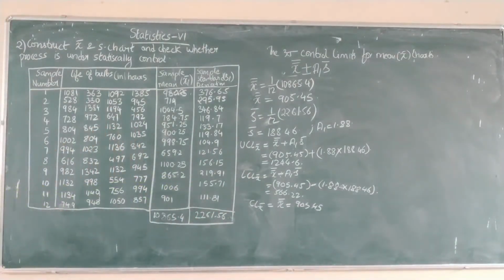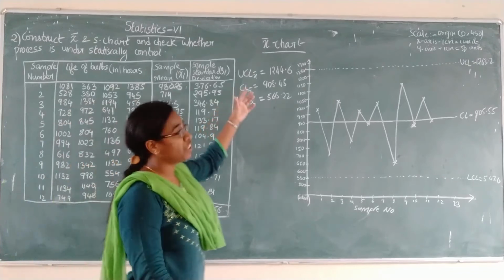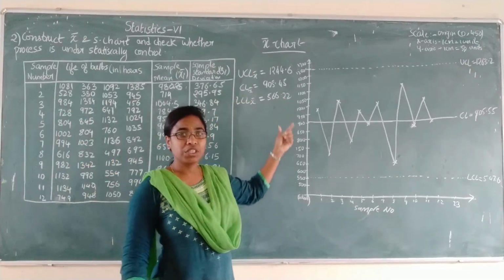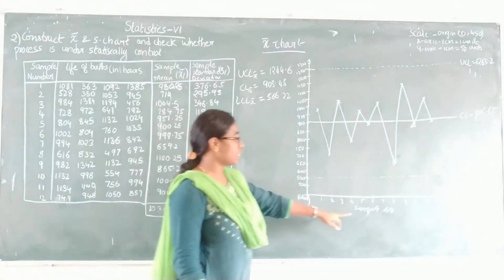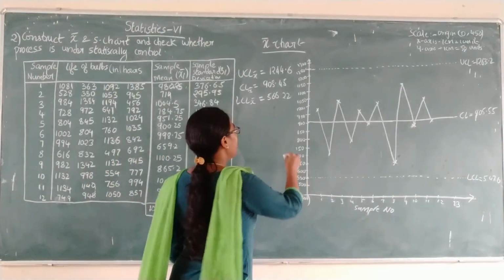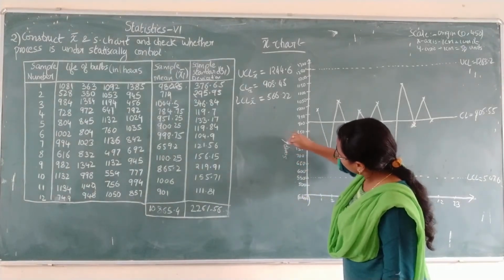Now we will draw the chart for the x-bar chart. Coming to the construction of the control chart, on the x-axis we represent the sample number, and on the y-axis we represent the sample mean.